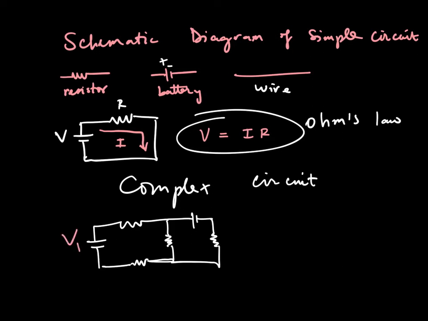We have more than one voltage source. We have multiple resistors. So next, let's look at series and parallel combination of resistors.